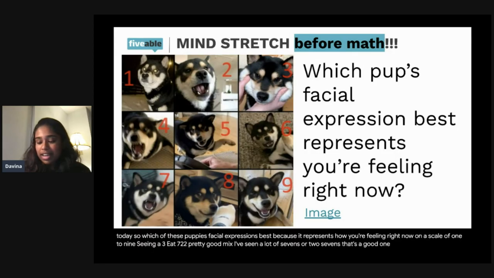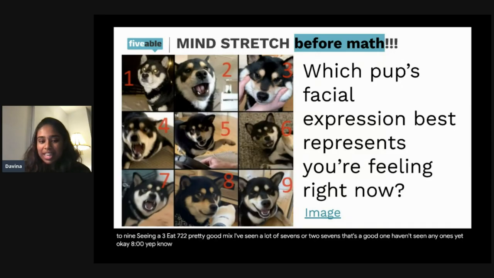That's a good one. Haven't seen any 1s yet. Okay, an 8. Yep, now a couple 8s. This is pretty spread out. I'll give you a couple more seconds to type your expression into the chat. Yep, 3 is the cutest. I do agree with that.